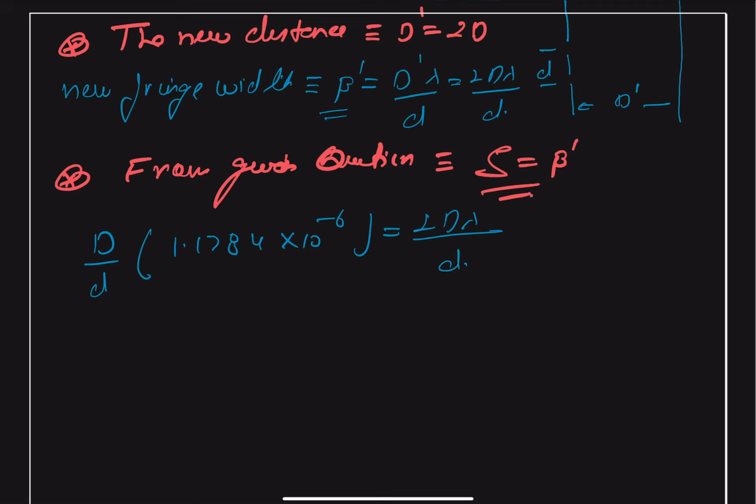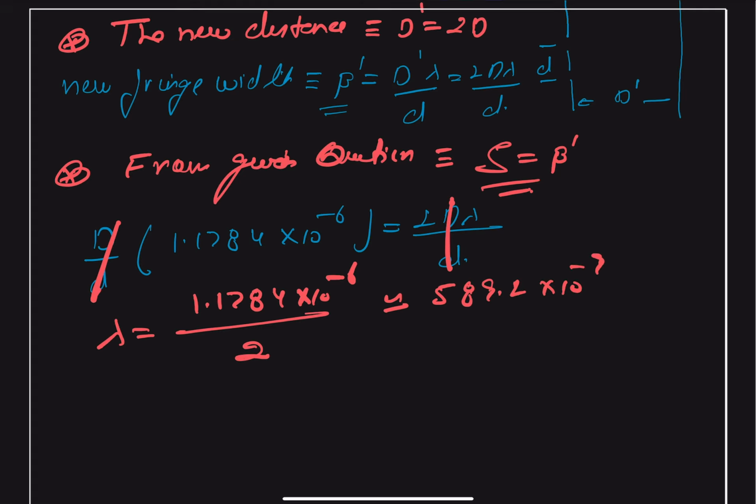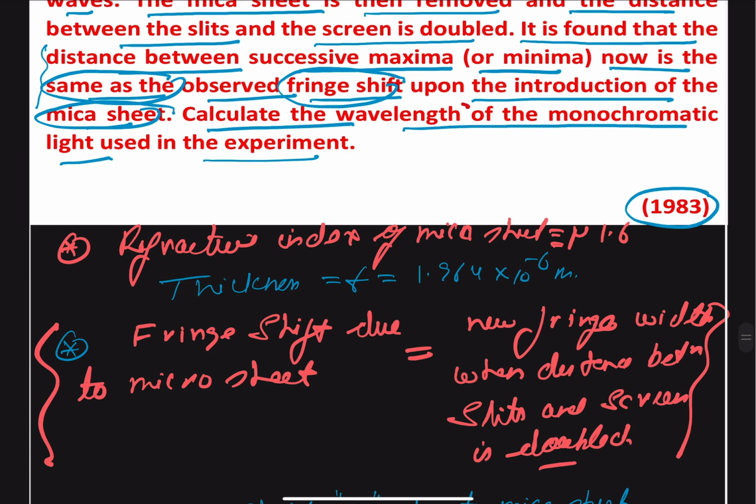Here D and d cancel out, and we get lambda equal to 1.1784 into 10 to the power minus 6 divided by 2, which is approximately equal to 589.2 into 10 to the power minus 9 meters. So this was the only thing; we have to find out only the wavelength.